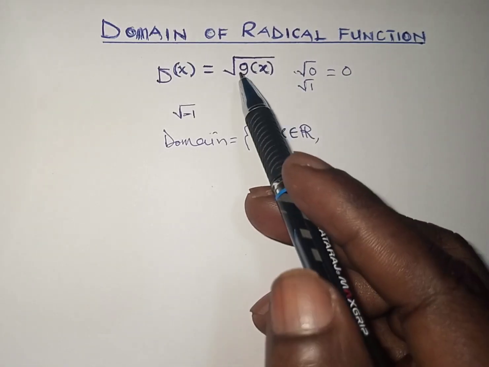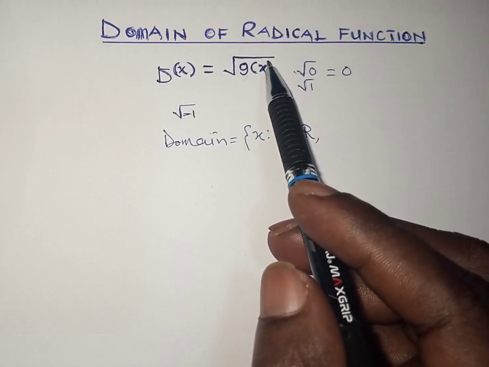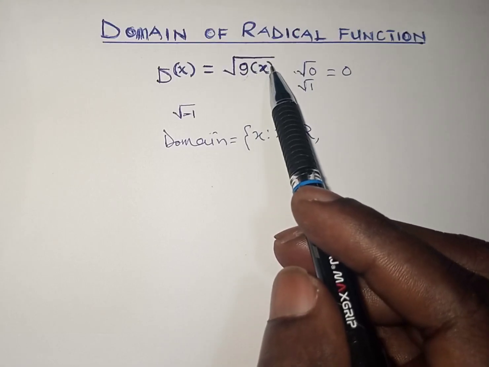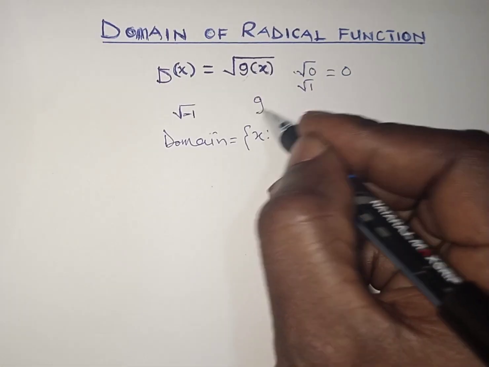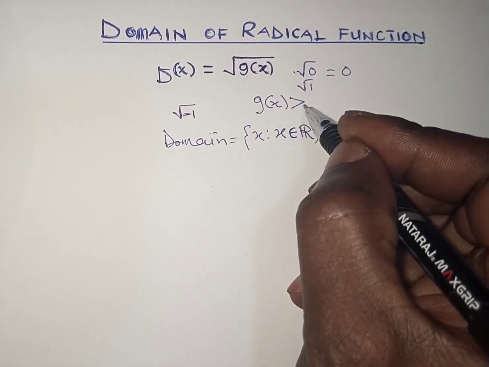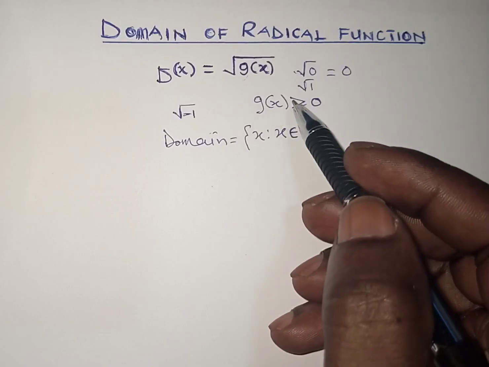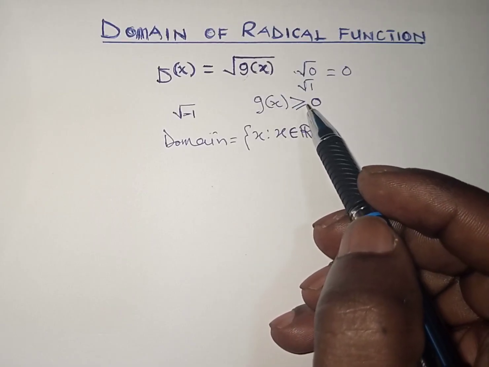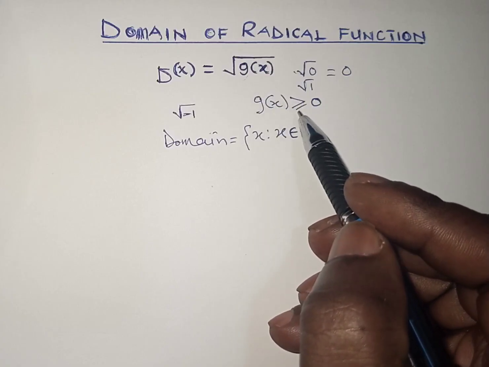So if we are saying that whatever we have here should not go negative, then it means this j of x you see here should be greater than or equal to 0, because that's what we are saying. Any value of this function should be greater than or equal to 0.